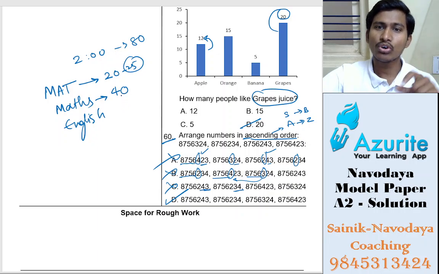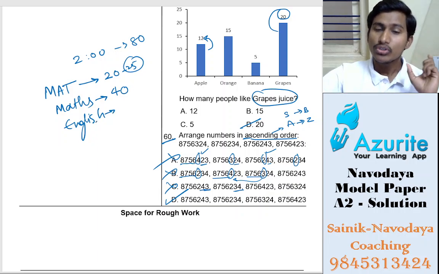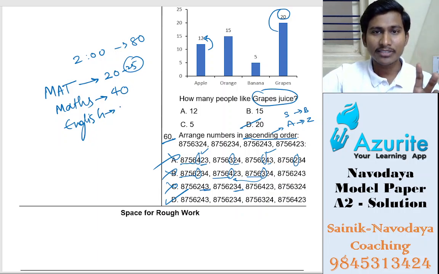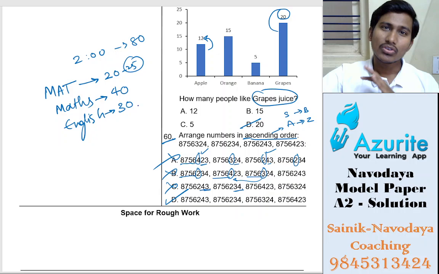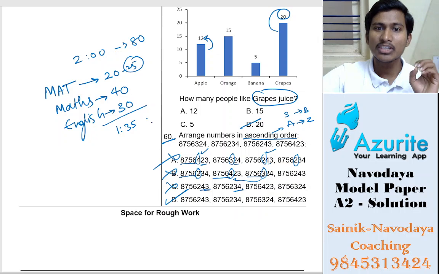If you go more than 40 minutes, don't spend more than that. Okay? Because English will be there. So you do English in how many minutes? That is 30 minutes. So total it will be how much? Yes, that is nearly 1 hour 35 minutes will be over.